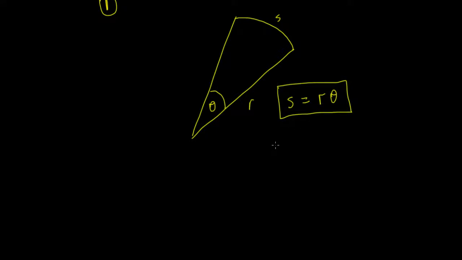Don't get confused about that. All that's really telling you is that the circumference of a circle is C equals 2 pi r. If we make r equal to 1 to simplify it, the circumference is 2 pi, which is 6.28. Half a circle would be half of that, 3.14. A quarter would be a quarter of that, a fifth would be a fifth of that, so we can take any ratio of the circle.